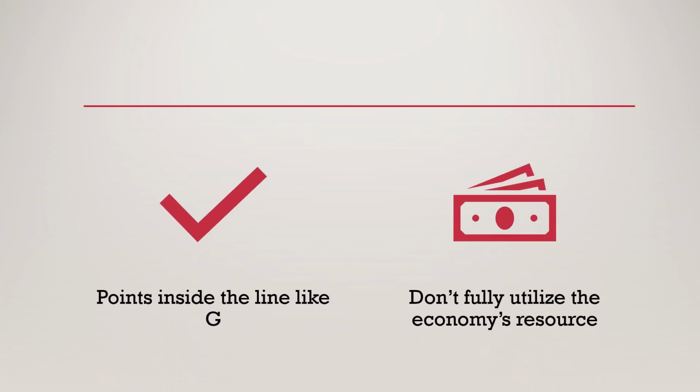Another one is point G, which is inside the frontier line. At this point, they don't fully utilize the economy's resources, or they don't produce any doctors or peacekeepers, or they don't fully produce the desired amount that the country was expecting.